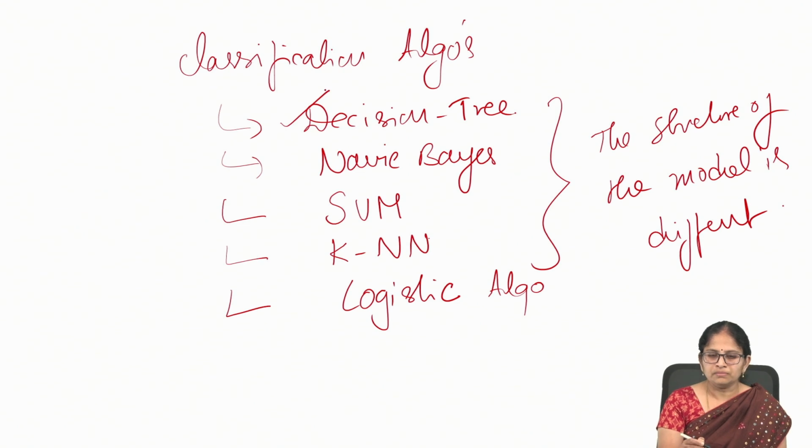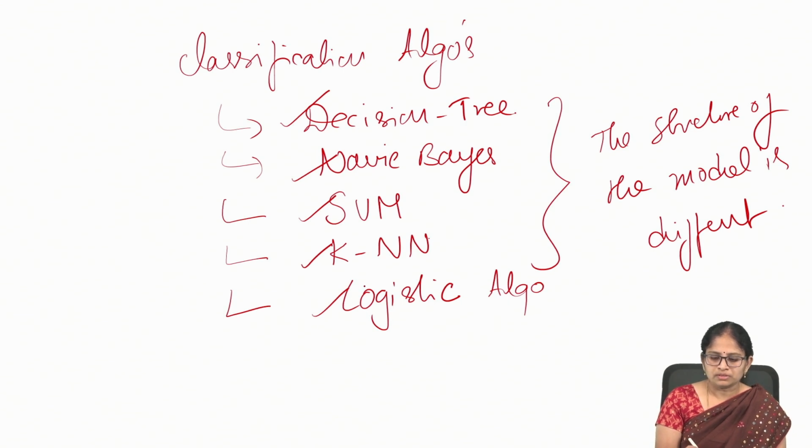In the decision tree algorithm, the model structure is in the form of a flowchart-like tree, whereas in naive Bayes, the algorithm has statistical equations to predict the tuples, and in the SVM we have kernel functions to predict the values, and in the KNN we use distance metrics to determine the nearest tuple so that the predictions can be done. In logistic regression also we use a sigmoid function to classify the given tuples under one of the predefined categories.